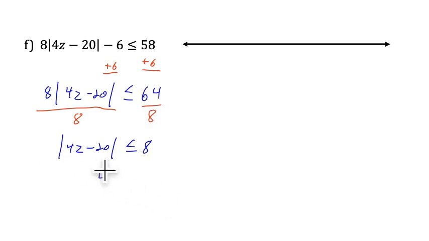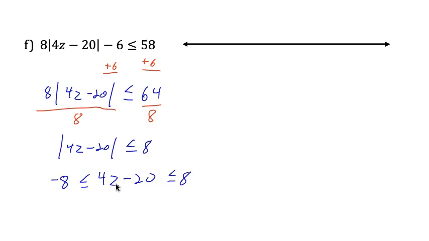So the first time through here, I'm going to write this expression exactly like it is here, but without the absolute value bars. Then I put this same exact inequality on the other side here, switch the sign of this number, and here's my expression.